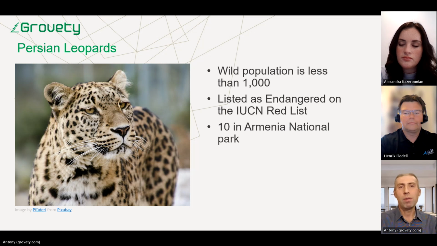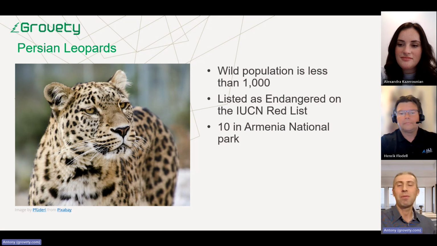And one of the challenges they faced, when we started talking to the marshals, they said, is detection, taking photos, and identification, because they don't even know how many leopards are in the national park. They said it's around 10, maybe 11, maybe 9, we don't know, because we do not have enough photos, and they don't want to disturb them.